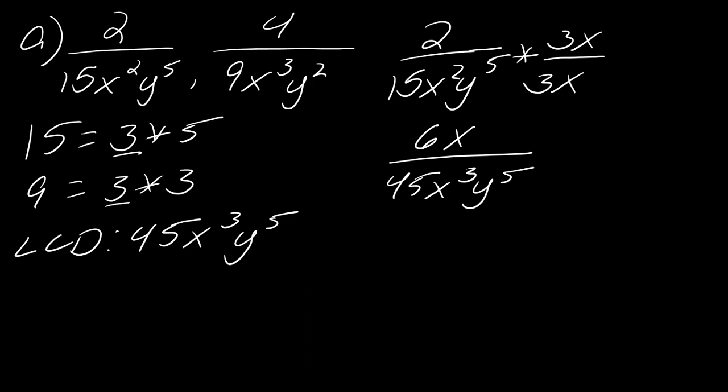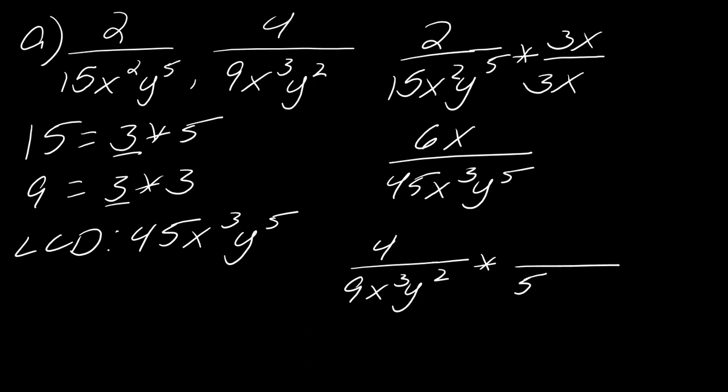That's the idea behind this. So maybe you could pause here and try to do the other one. We'll check your understanding. Hit play when you're ready. So for this other one, I'm going to focus on the denominator for now. What do I have to multiply this by to get to the LCD? For 9, I have to multiply 9 by 5.